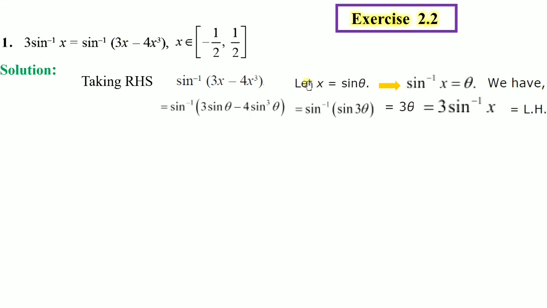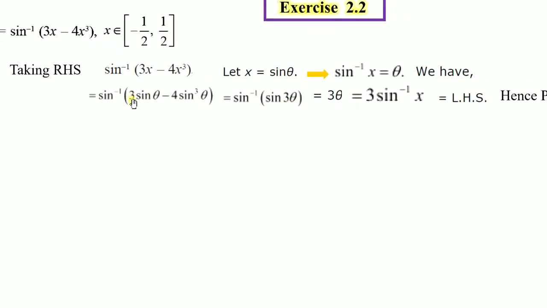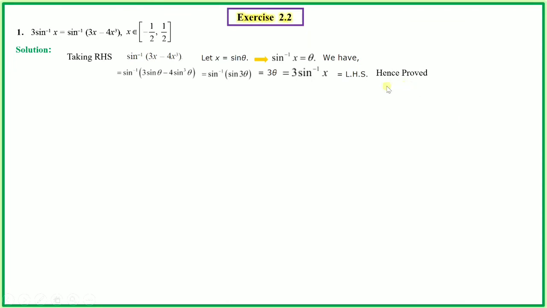So we put x is equal to sine theta, and then 3 sine theta minus 4 sine cube theta becomes the formula sine 3 theta, and sine inverse is removed, so we get 3 theta. We had already supposed sine inverse x is equal to theta, so in place of theta we put sine inverse x. So 3 sine inverse x is equal to the left hand side, hence proved.